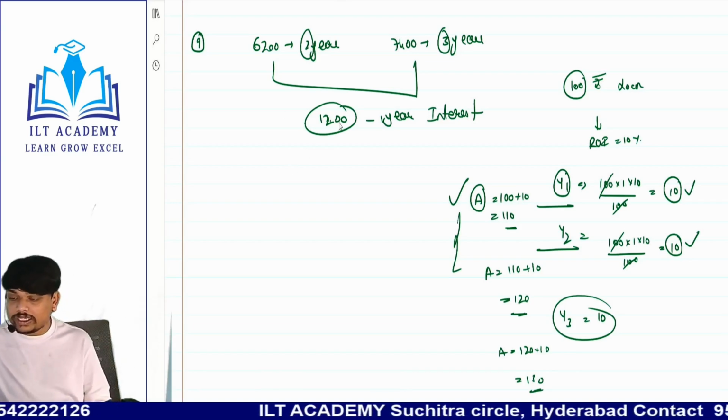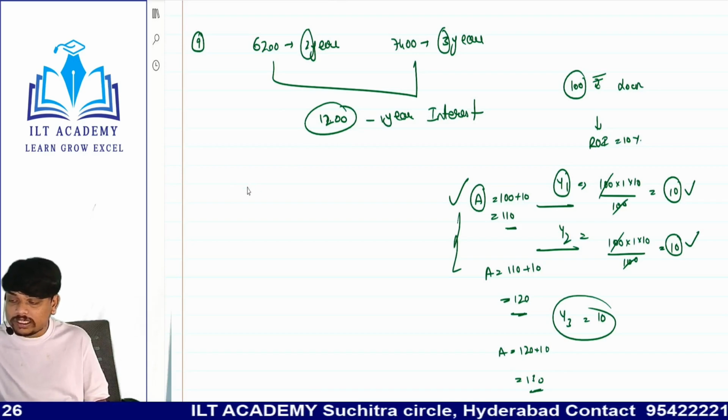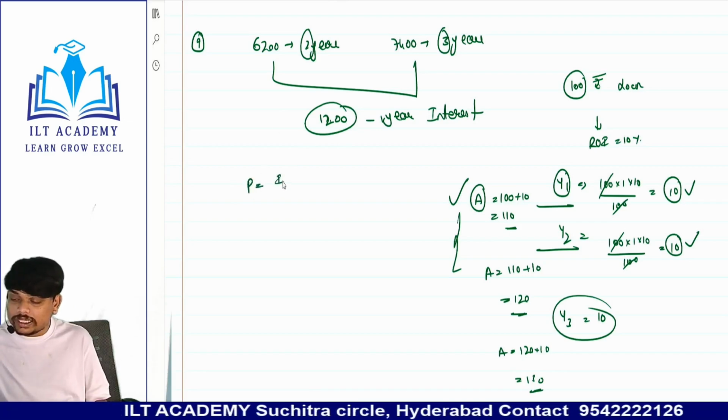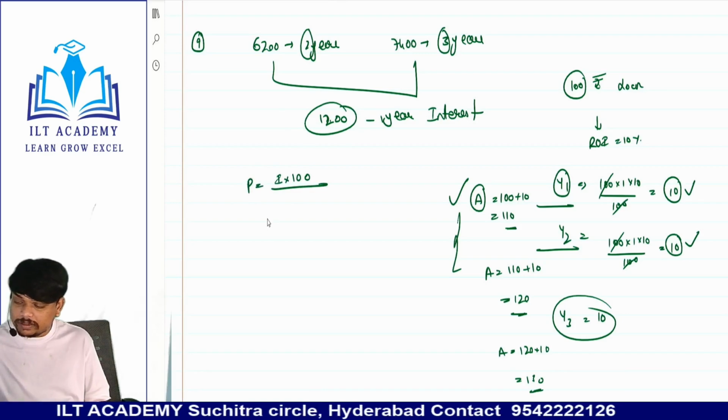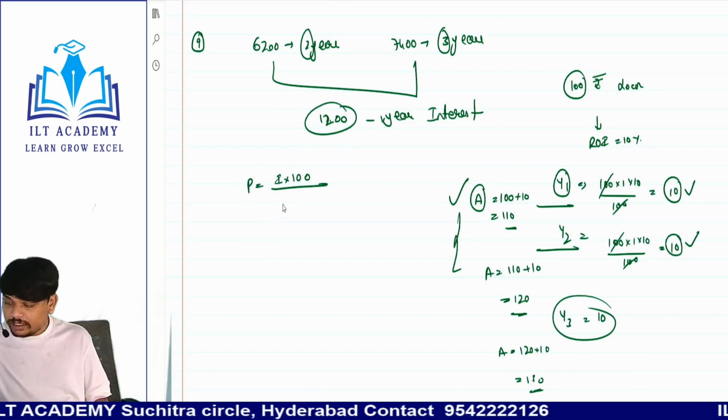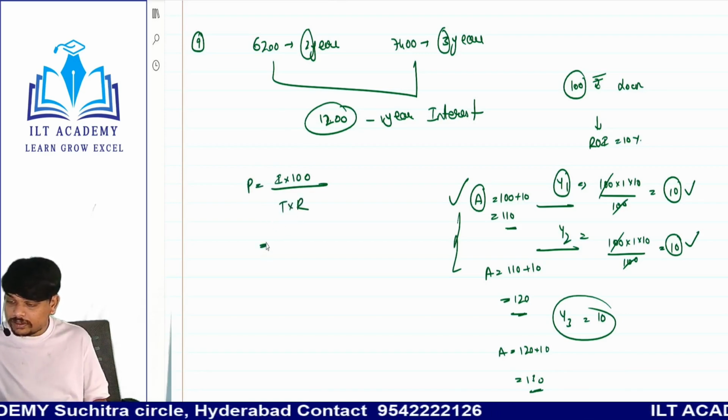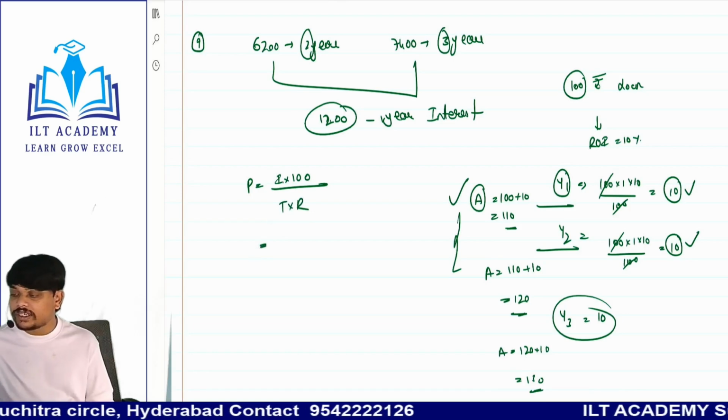Clear? Now I know 1 year interest amount. I know what is the formula. I want to calculate principal. So I into 100 divided by what? Time into rate. Okay, we don't even have a rate as well, right?